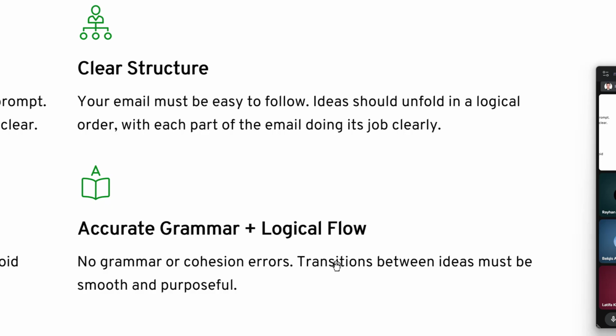If you only focus on one specific type of sentence, for example only simple sentences or only compound sentences, it doesn't get a higher score. So accurate grammar refers to using a variety of sentence structures to convey your message without errors or mistakes.